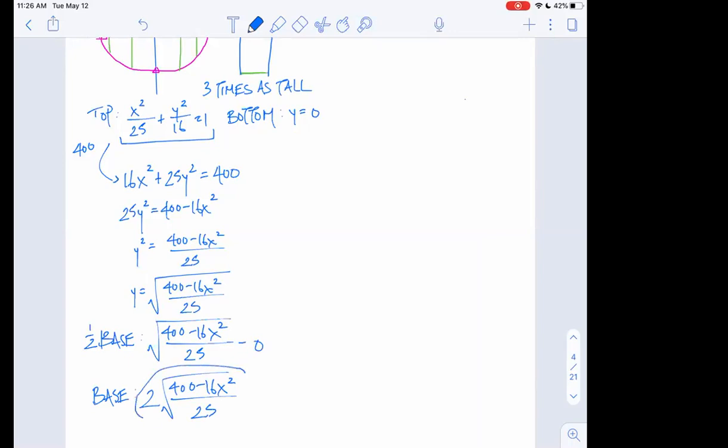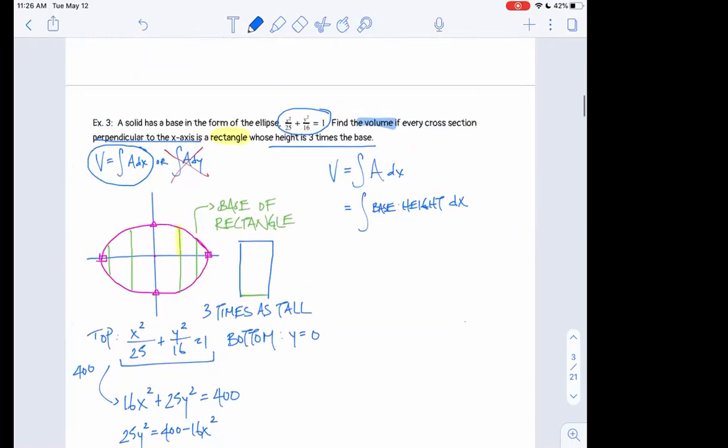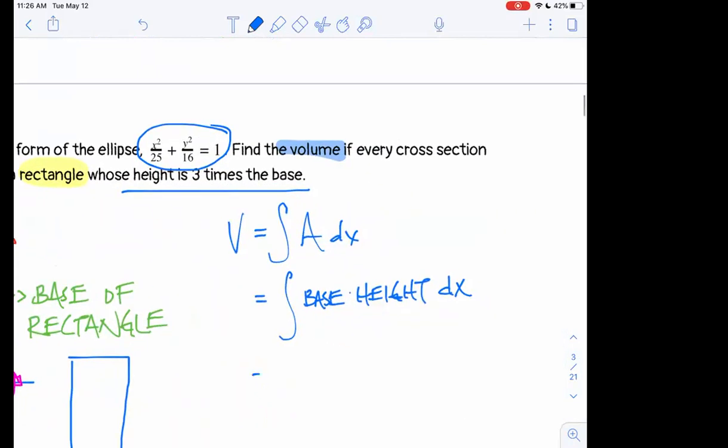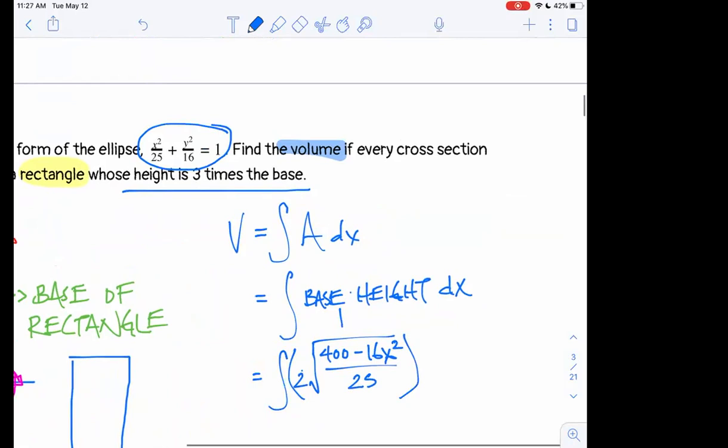Now this is what I'm going to put in that equation back up at the top for the base. So this will give me the integral of 2 times the square root of 400 minus 16x squared over 25. Now this right here is my base.